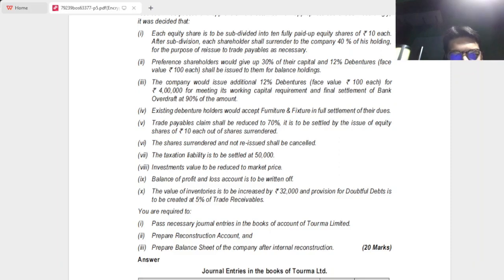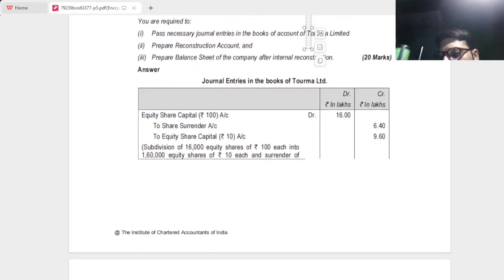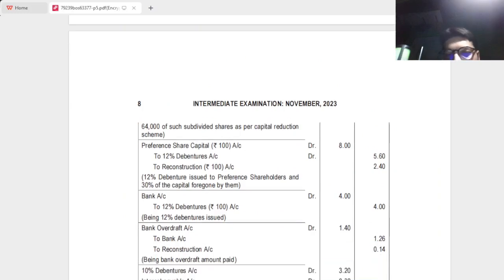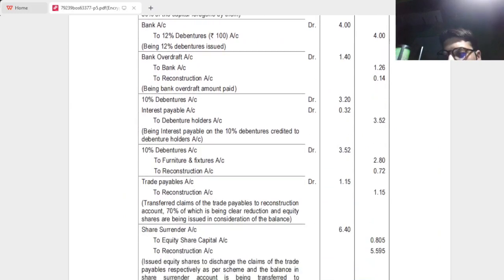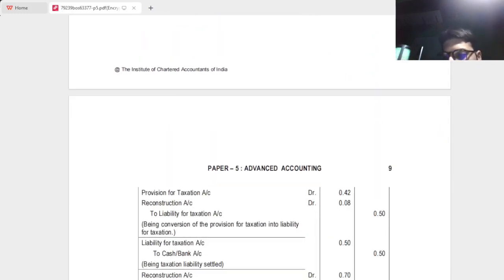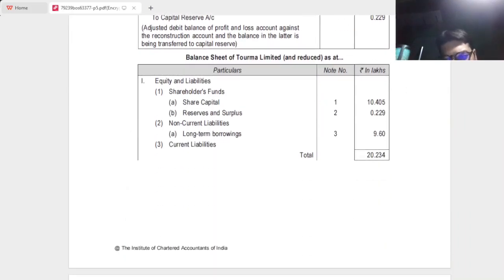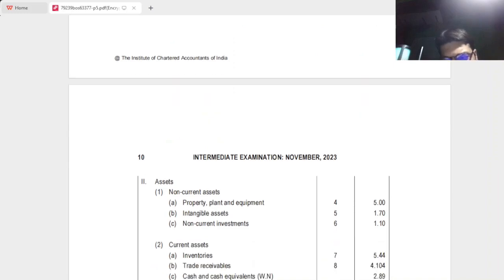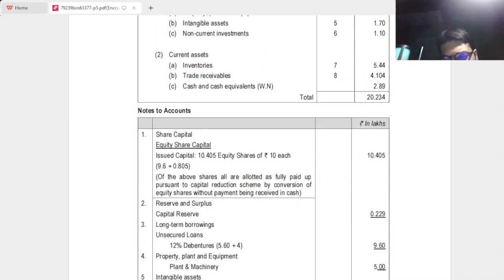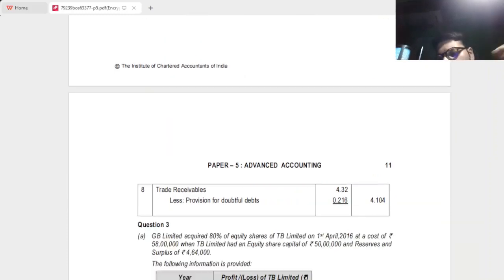Generally, questions on negative minority interest are not asked in the examination.